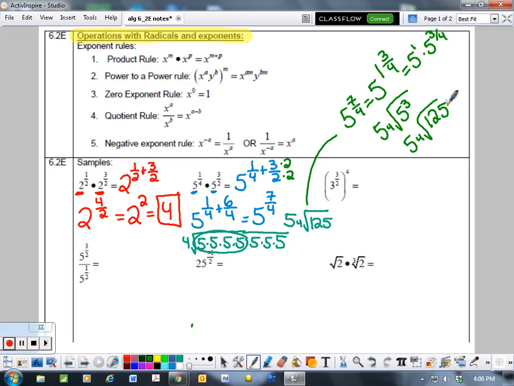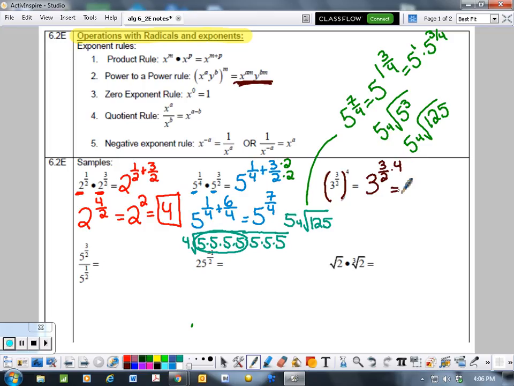So let's go ahead and look at another one. We have 3 to the 3/2 power raised again to the 4th power. So again, I've got this value raised to the 4th power, so it's like a power raised to a power. And with that rule, we multiply. So this is really going to be 3 to the 3/2 times 4.